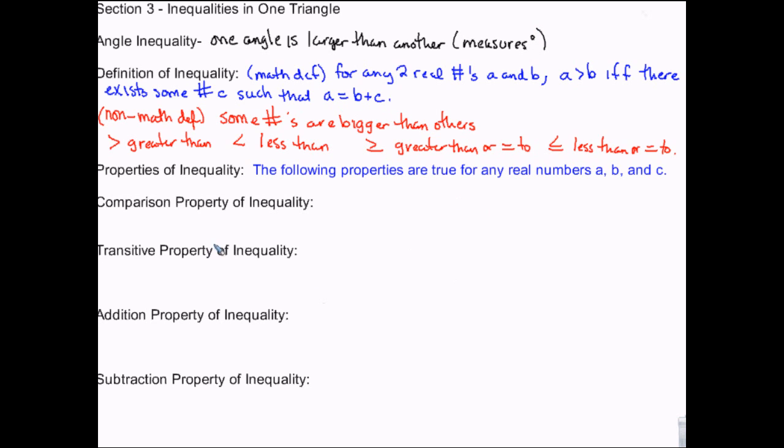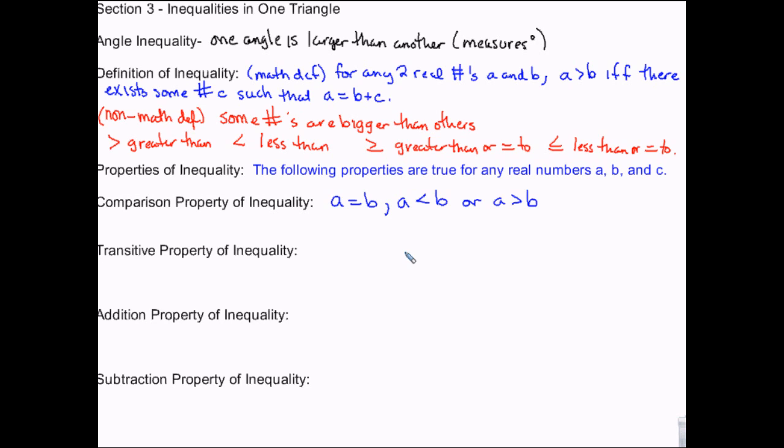All right, comparison property of inequality. This is just that A equals B, A is less than B, or A is greater than B. It has to be one of these three things. You can't have anything else.